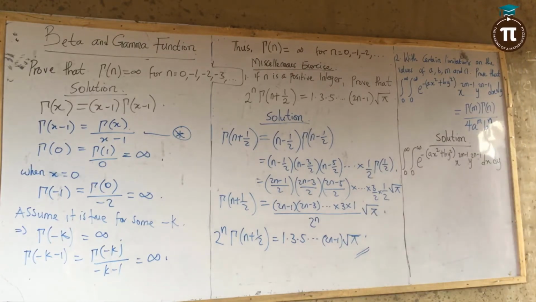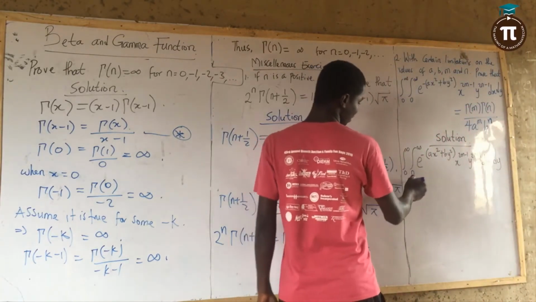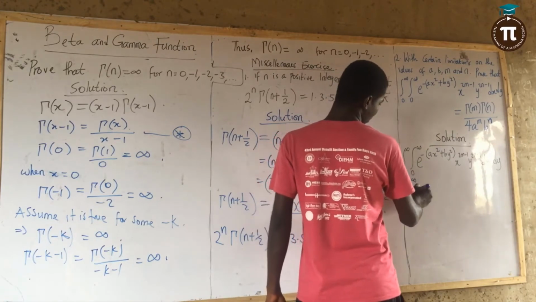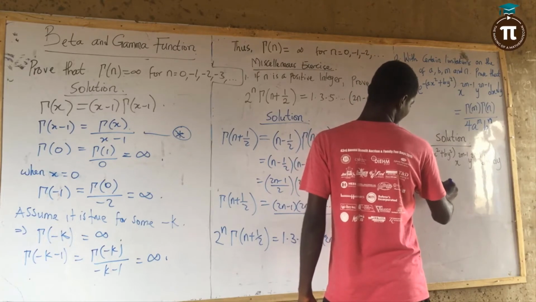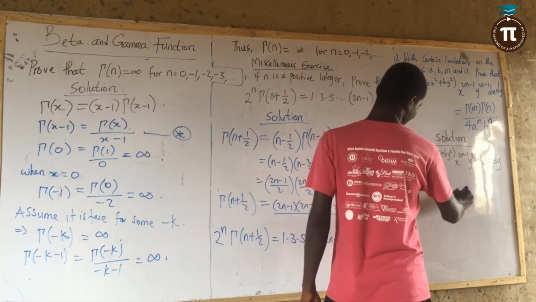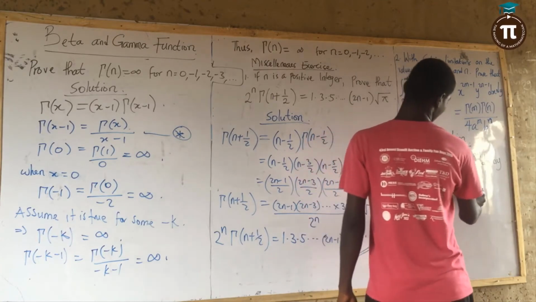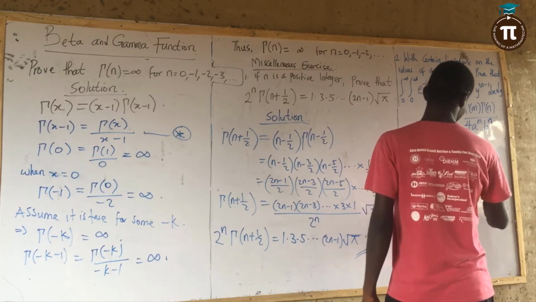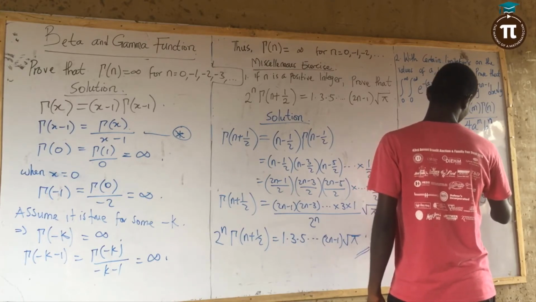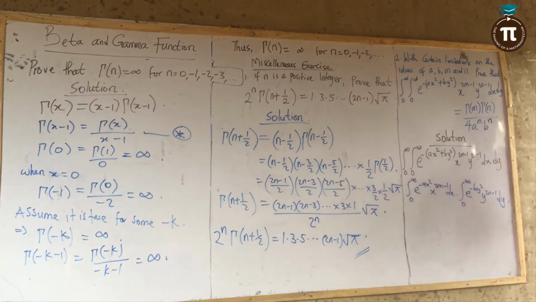The truth of the matter is that I can actually separate this integral. This is what I mean by separating the integral. This can be written as the integral from 0 to infinity of e raised to power minus ax squared x raised to power 2m minus 1 dx multiplied by the integral from 0 to infinity e raised to power minus by squared multiplied by y raised to power 2n minus 1 dy.